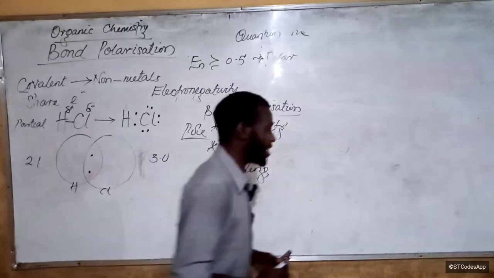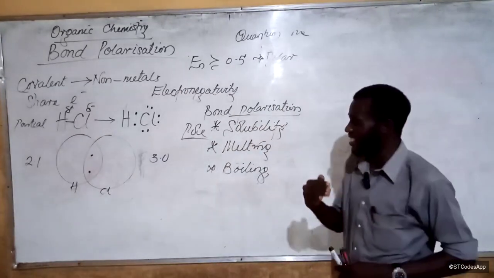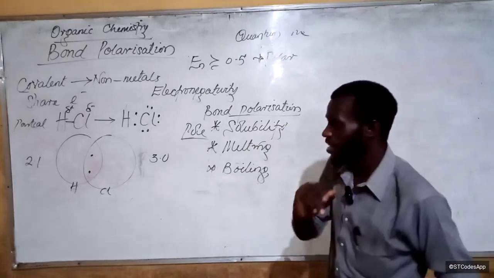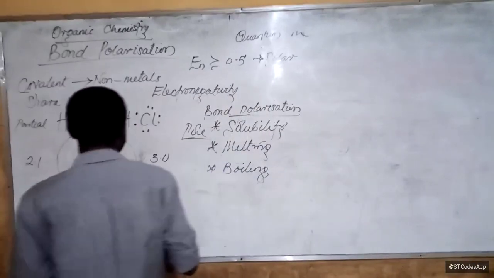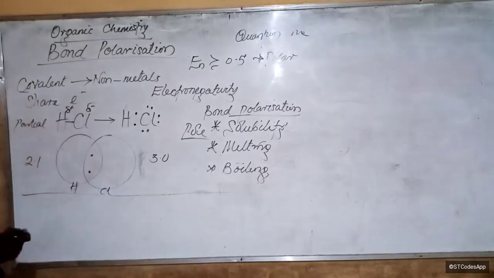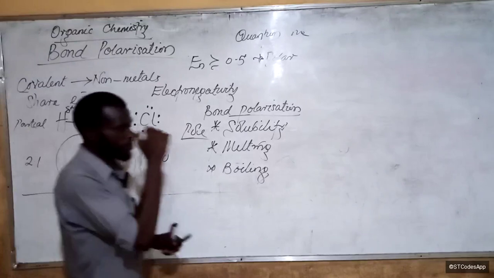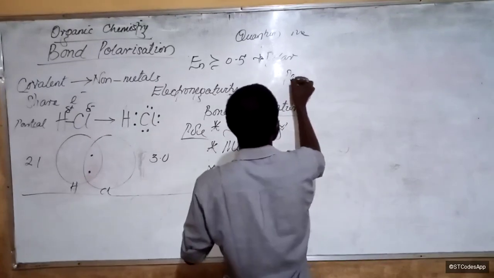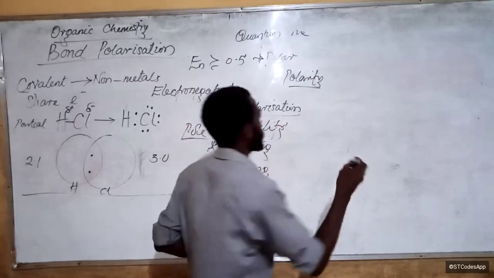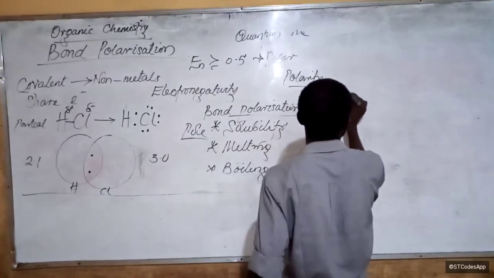Now, also remember that the higher the polarity, the higher the melting and boiling point. How is that? Let me explain how. Now, remember, I said in the last video, first, what causes polarity, or what is the measure of polarity? The measure of polarity is what is known as dipole moment.